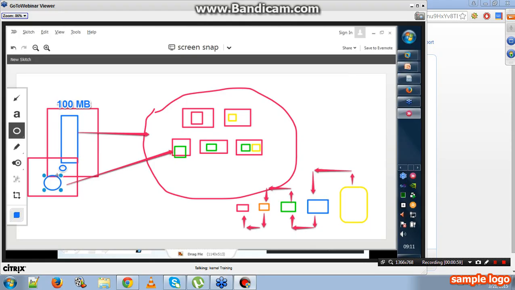You give the input in the form of SQL and English-like scripting statements, and then they will generate a jar file. Now that jar file will be moved to the blocks of data where your data is sitting. It will move to the first block and the second block, and not to the replicas, and it will start performing the computation.